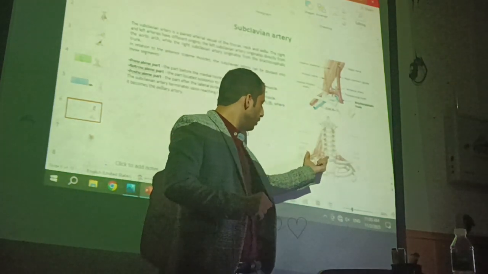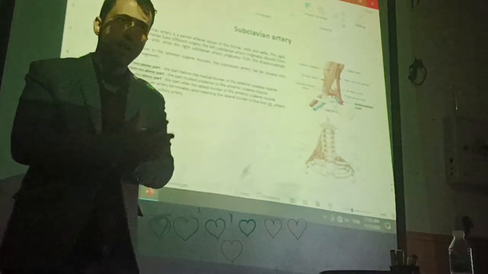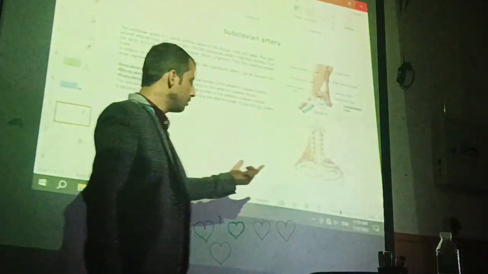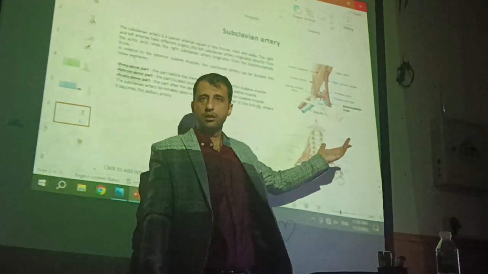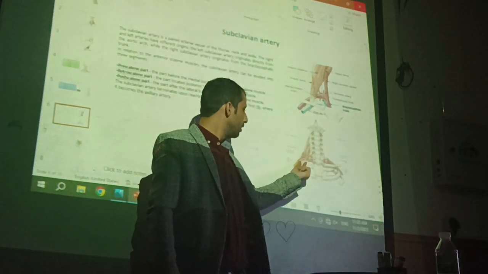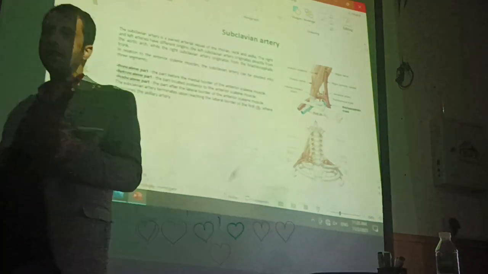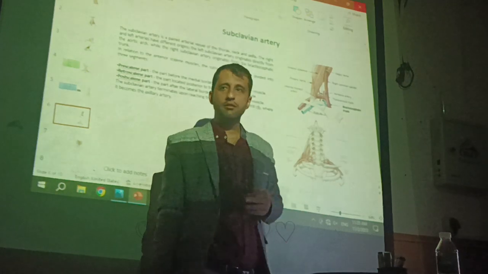side, all the branches are derived from the first part, except two branches. One of them is the dorsal scapular, like the left side, which is derived from the third part, and the other branch is the costocervical trunk.